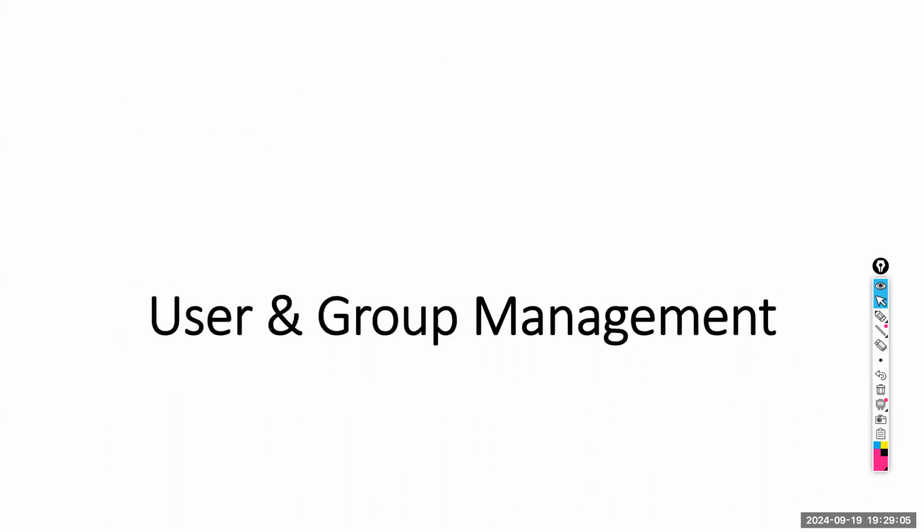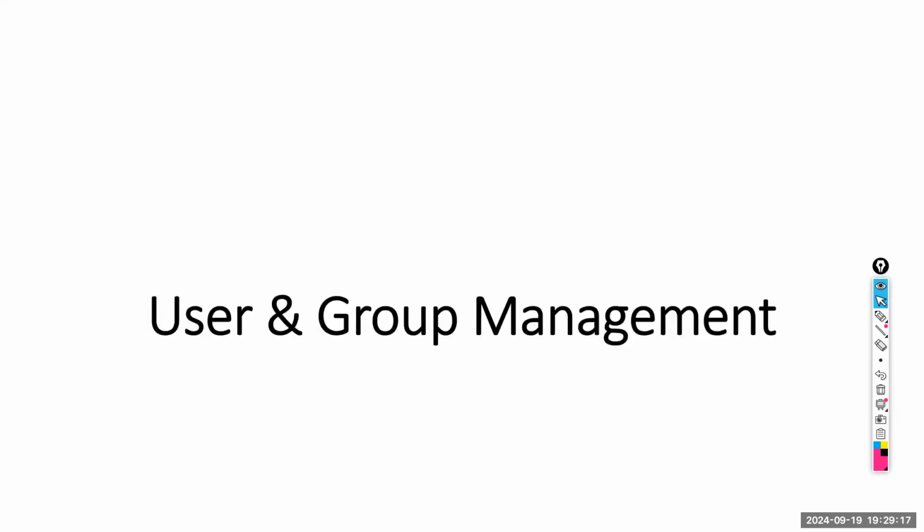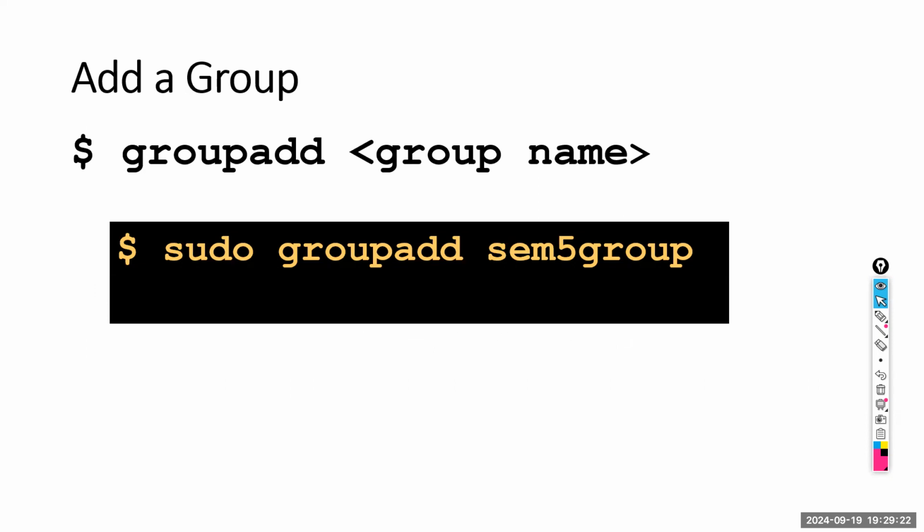Right. So now you must have a reasonable understanding about the files, folders, and important locations in the file system. And we will be using some of these folders from time to time. Right. User and group management. As I told you, when you install your operating system, it creates one particular user.